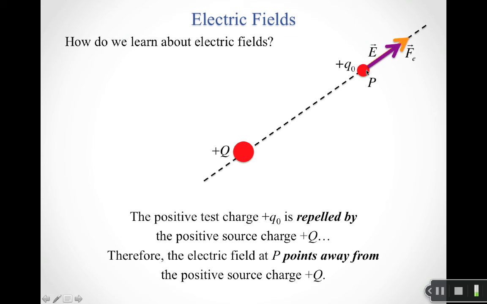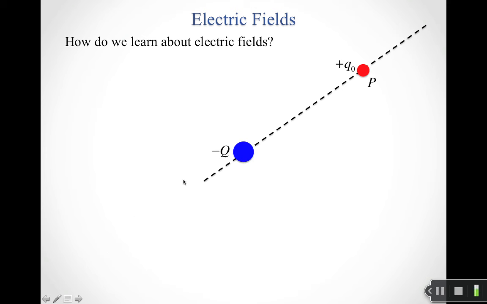So again, since I'm using a positive test charge to probe the field, the direction of the field will be in exactly the same direction as the force on my positive test charge. So the electric field at point P points away from my positive source charge.